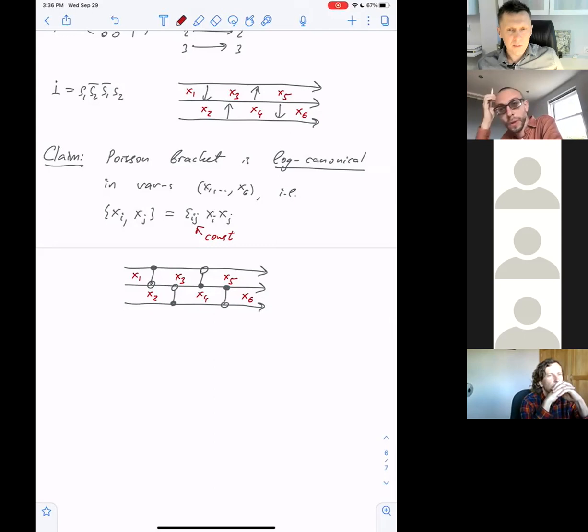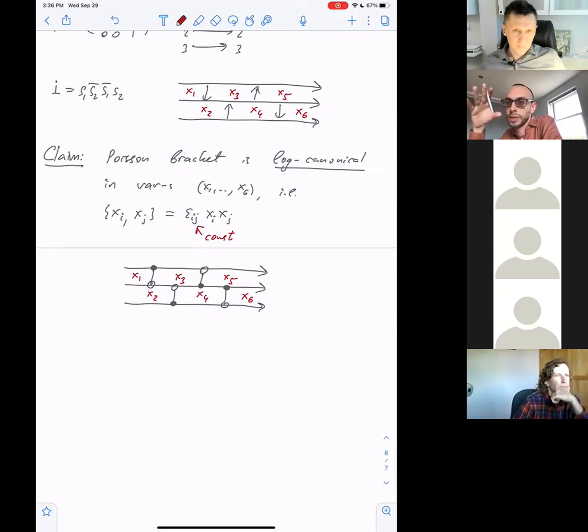But are these parameters coordinates on the Bruhat cell? Yes, absolutely, they are coordinates. The coordinate chart doesn't cover the whole Bruhat cell, but they're coordinates on the Bruhat cell, right? I'm just saying that I can find coordinates in which the Poisson bracket becomes log canonical.